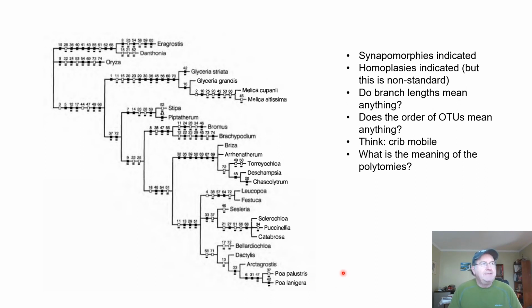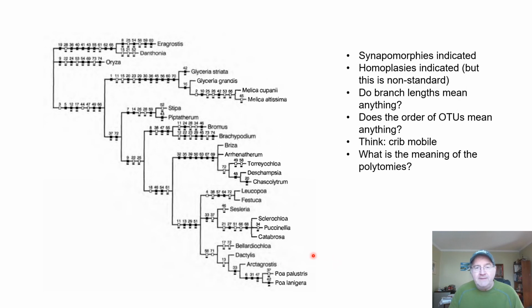This is the way I was taught it in an ecology course: you can think of trees like this as similar to the kind of mobiles that you hang above a child's crib. And you know how they spin along the nodes? So you can imagine, turn this 90 degrees clockwise, and then hanging above the baby's crib, and these things spinning around on the nodes here.